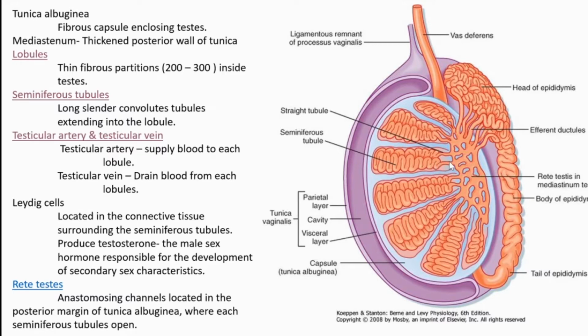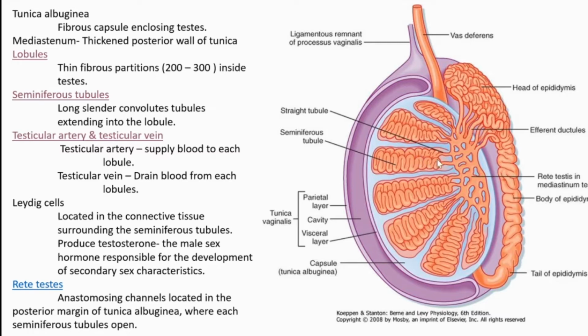Each seminiferous tubule opens into the rete testis, which in turn opens to the efferent ducts. So rete testis acts as an anastomosing channel, meaning a connecting channel between the seminiferous tubule and the efferent duct.